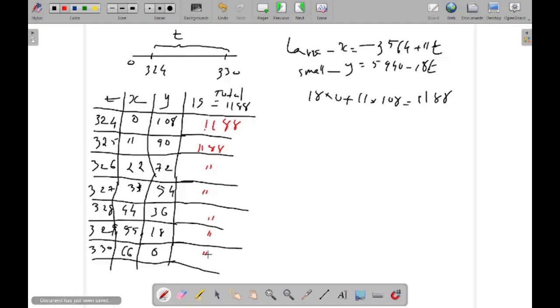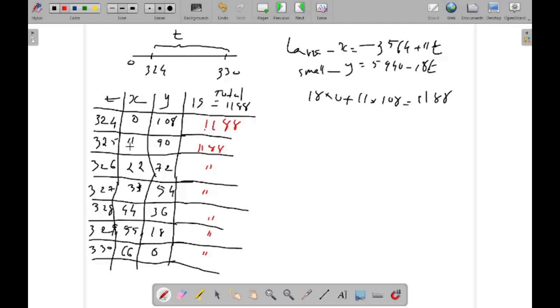So he can buy 0 number of large shirts and 108 number of small shirts. He can meet his total, that is 1188.